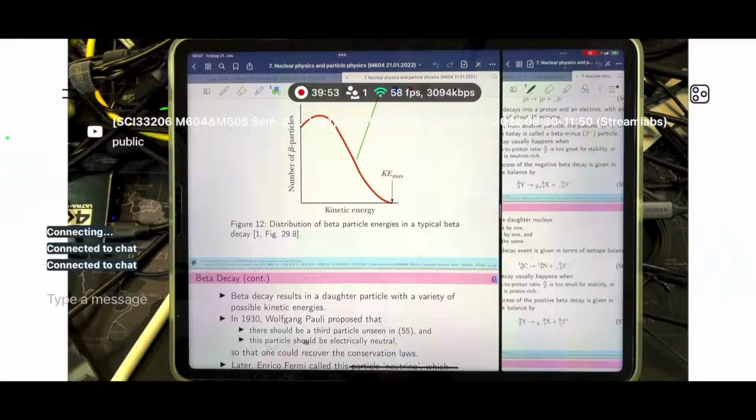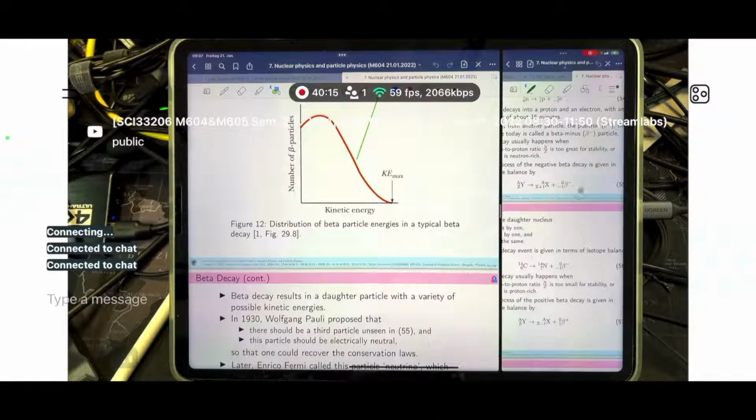This particle should be electrically neutral because we have already seen the balance of the charge between the left side and the right side. Proton is created and electron is created, so they cancel each other in terms of electric charge.